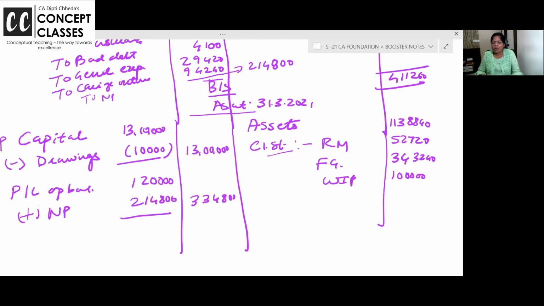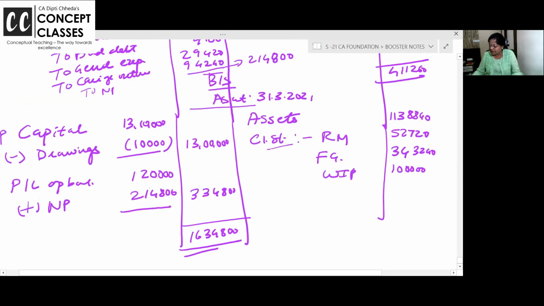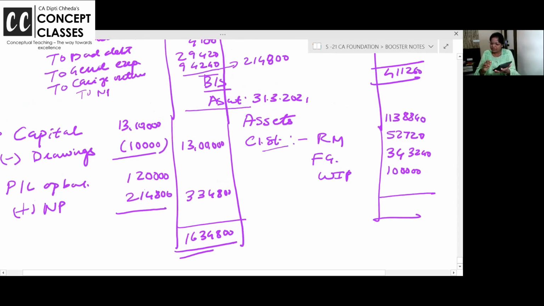Balance sheet is very small. There are no creditors, debtors, and so on. So just do the total of balance sheet. 16,34,800. देखो asset side: 11,38,840 plus 52,720 plus 343,240 plus 1 lakh, 16,34,800.